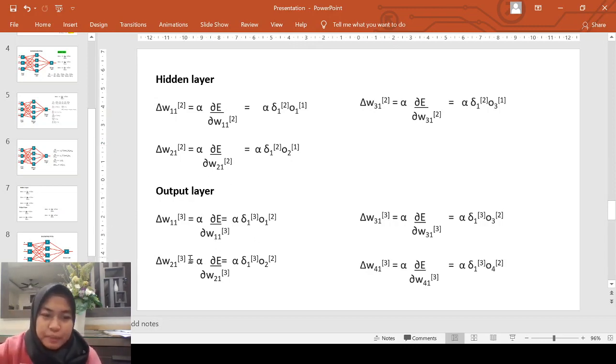And then for the output layer, we calculate delta W11 of the third layer.